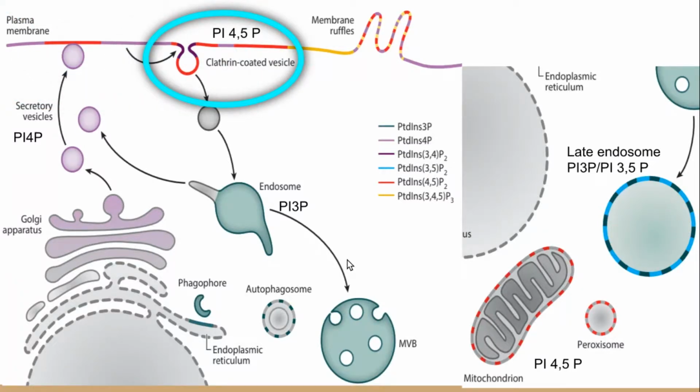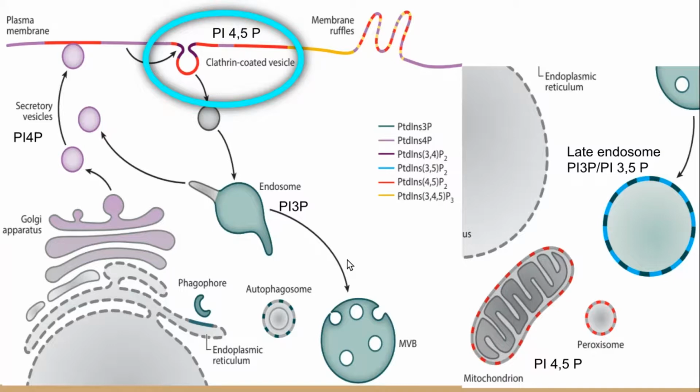The plasma membrane is enriched with PI45P, so inositol that's been phosphorylated at the 4' and 5' positions. PI45P binding domains on proteins include PH domains and ANTH domains.